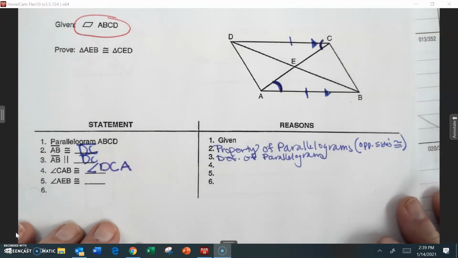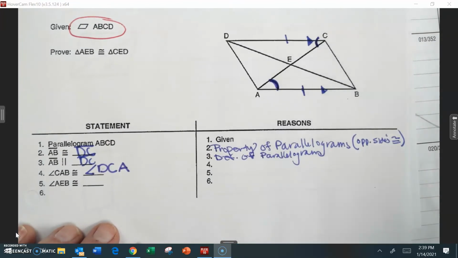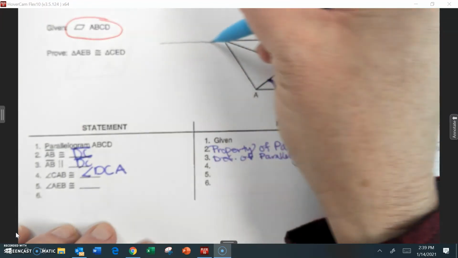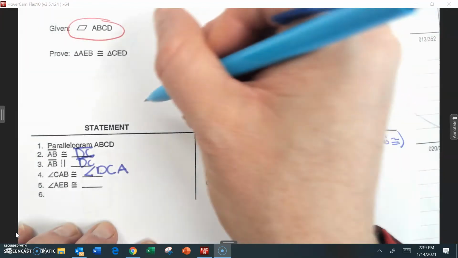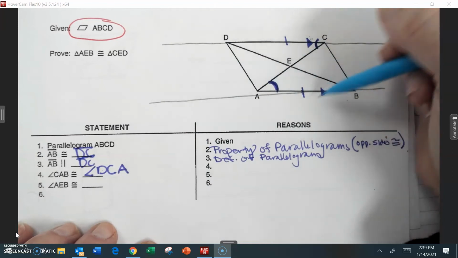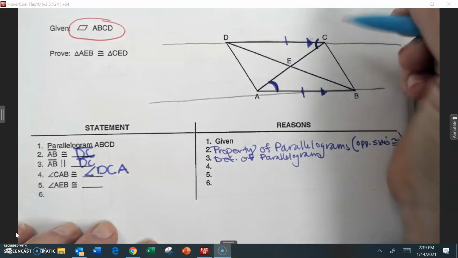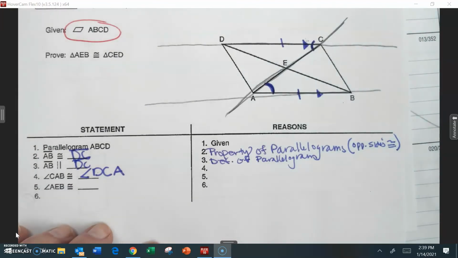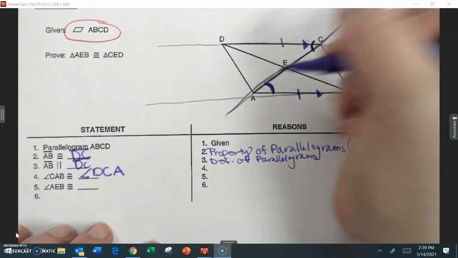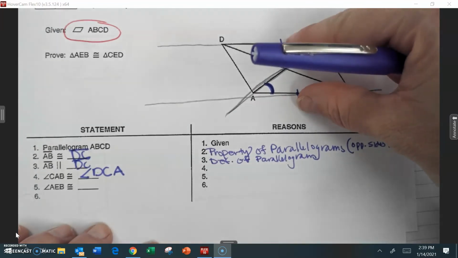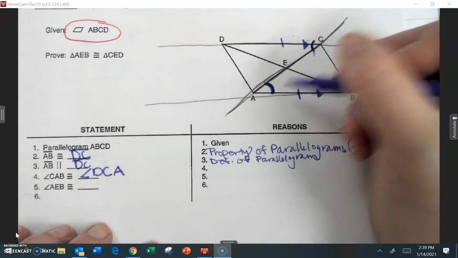And the reason that CAB is equal to DCA is similar to what we did up above. So here I go, I'm going back to chapter 2. When you have two lines, and in this case, we are starting with parallel lines, why? Because they told us this is a parallelogram, cut by a transversal, this angle right here and this angle are between these two lines that I drew in pencil, and they're on opposite sides.